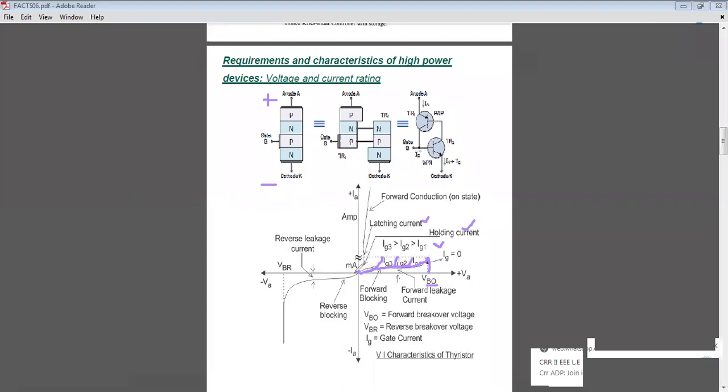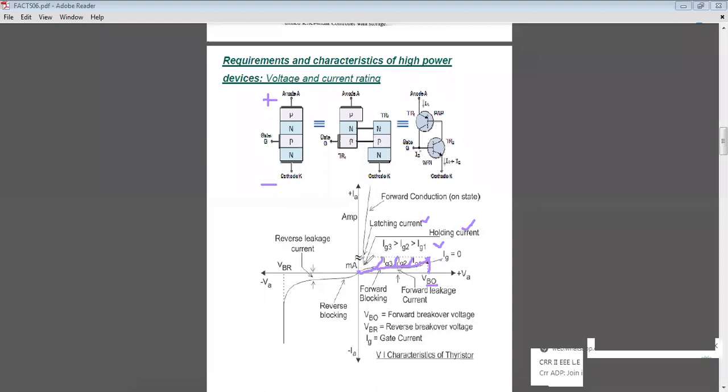Once it is turned on, this high voltage will be reduced to very little. The on-state voltage is very low, near to zero but not zero. It is approximately equal to 1, sometimes 1.3, depending on the thyristor characteristics and the material used.